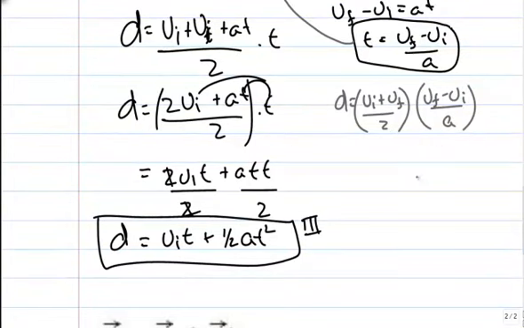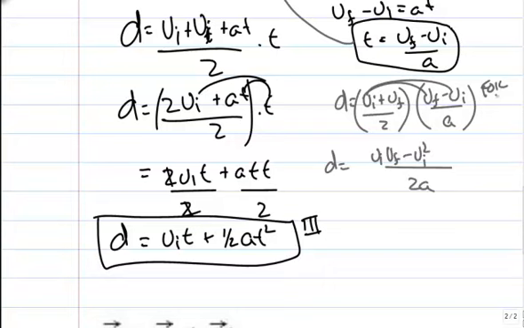Now, denominator times denominator will stay on the bottom, 2A. On top, I've got sort of binomials, I think they call them in math class, so I need to use FOIL to figure those out. So VI times VF is VI VF, and so that's first, and then outside is minus VI times minus VI, so minus VI squared, and then inside is VF times VF, so plus VF squared, and then last is VF times VI, but it's a minus this time, VF VI, and VI VF minus VF VI, that's the same.